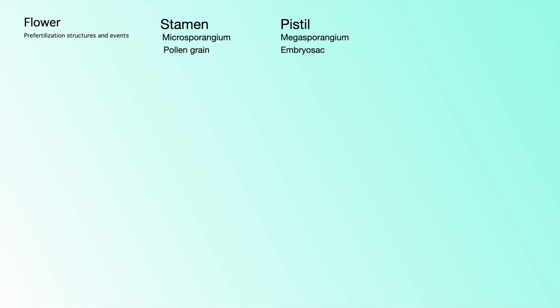Compare it with the male counterpart. There, all four microspores develop into pollen grains, but here only one megaspore among four develops into embryo sac or female gametophyte.